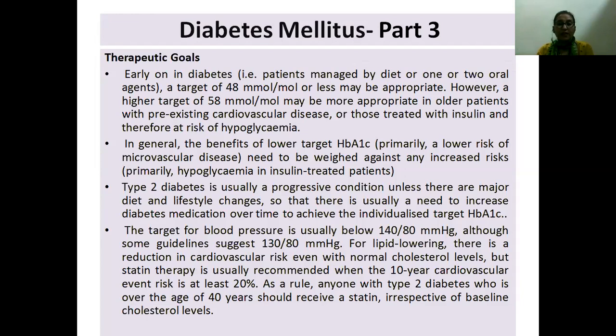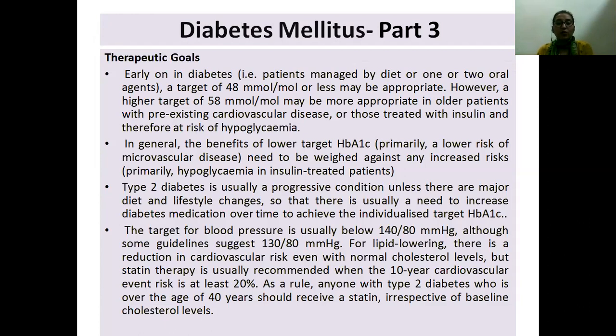There are diet and lifestyle changes, so there is usually a need to increase diabetes medication over time to achieve the individualized target HbA1c. The target for blood pressure is usually 140/80 mm Hg, although some guidelines suggest 130/80 mm Hg.